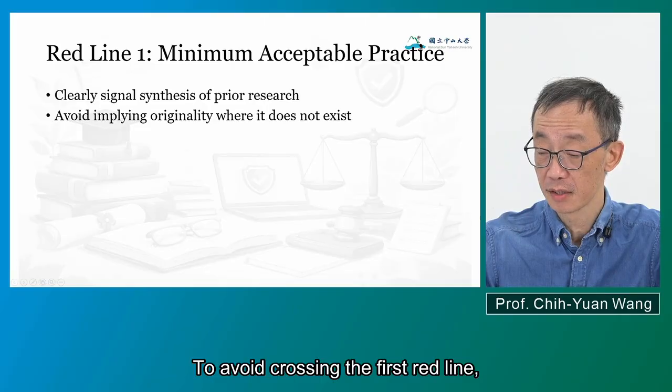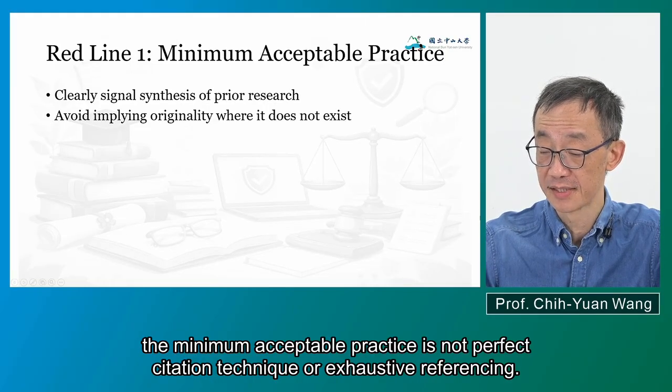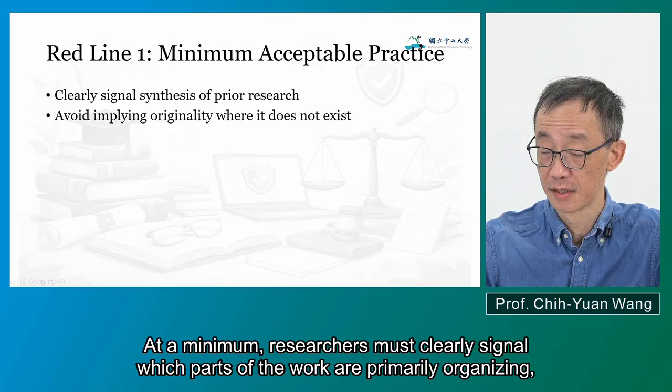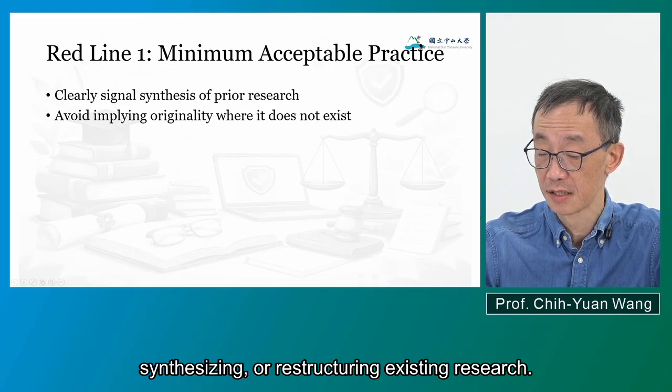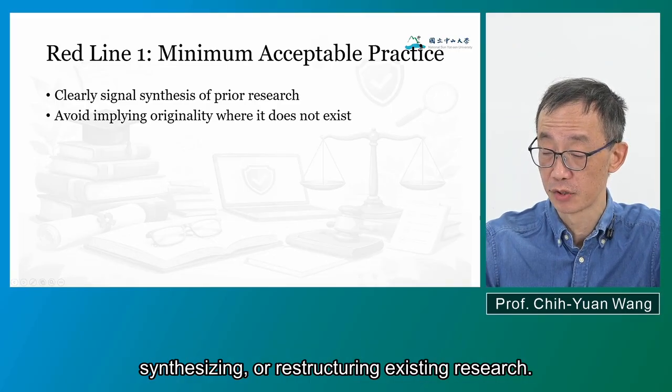To avoid crossing the first red line, the minimum acceptable practice is not perfect citation technique or exhaustive referencing. At the minimum, researchers must clearly signal which parts of the work are primarily organizing, synthesizing, or restructuring existing research.